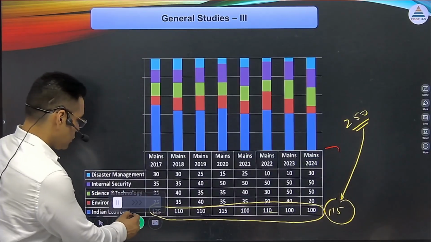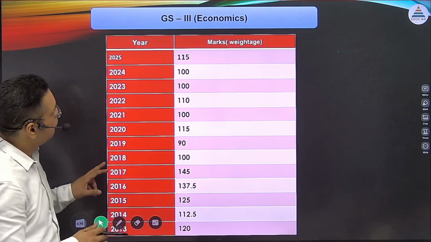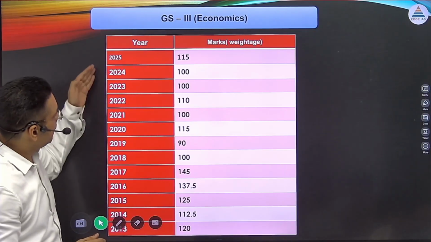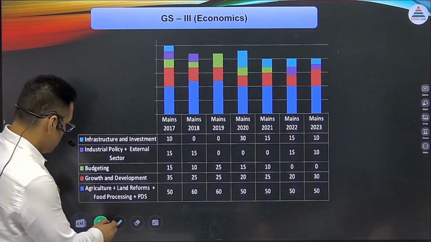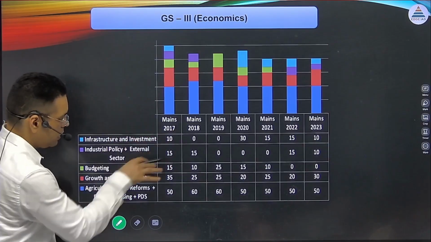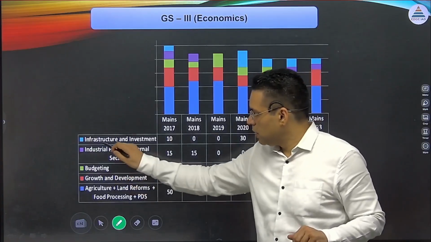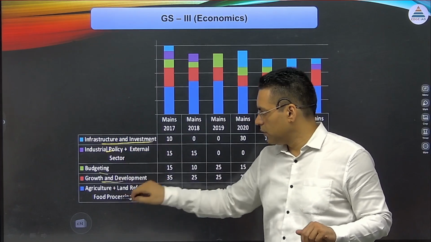Then further, if I disaggregate, these are the questions that have come in the last few years in the mains section out of 250 marks, GS3. Then in the economic section also, in the GS3 section, the questions that have come, majorly you can see infrastructure, industrial policy, budgeting, growth and development, and agriculture.